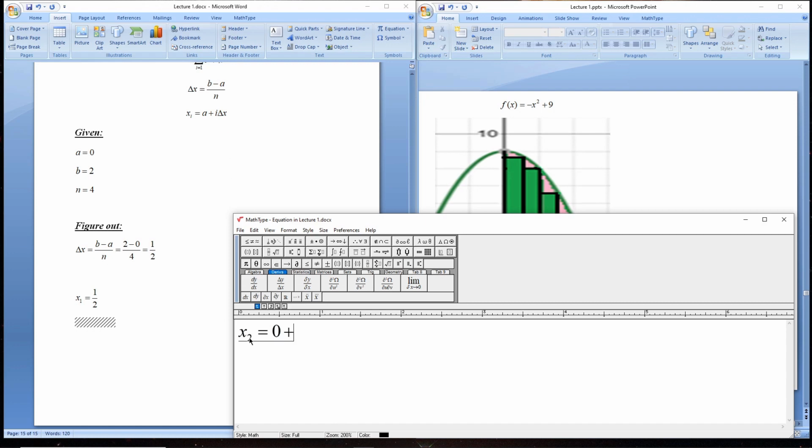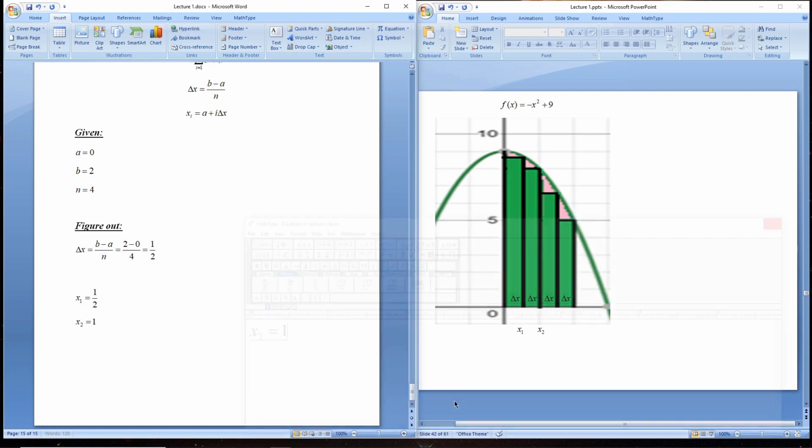Now in this case, i is 2 times delta x. Now, of course, 0 is meaningless to add there, so we can just get rid of that. And we also know delta x is 1/2. So 2 times 1/2 then tells us x2 is 1. This second rectangle starts at 1.